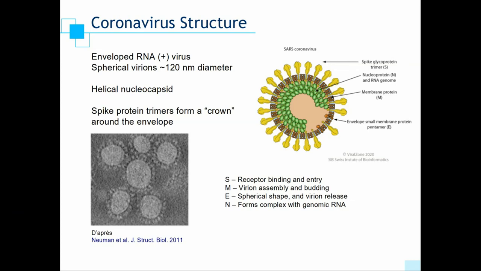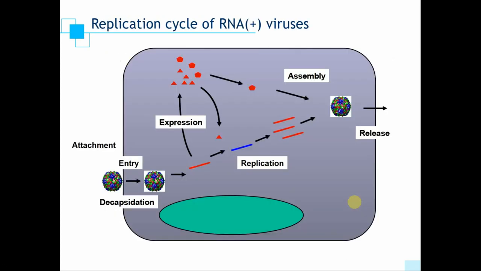There are 4 structural virus proteins: the spike glycoprotein, the nucleocapsid protein around the RNA genome on the inside, and in the membrane there are 2 proteins, M and E. What's going to be important for us for the rest of our consideration is the S protein, because the S protein is the virus attachment glycoprotein.